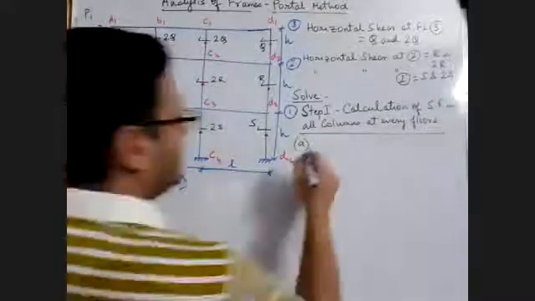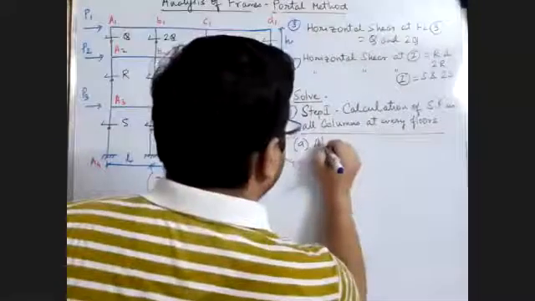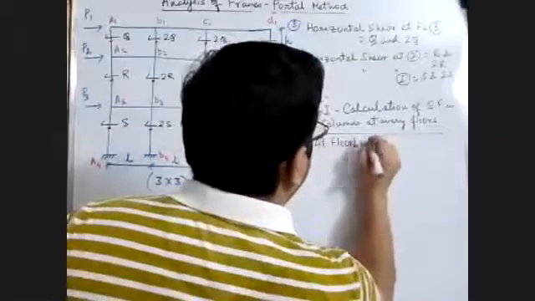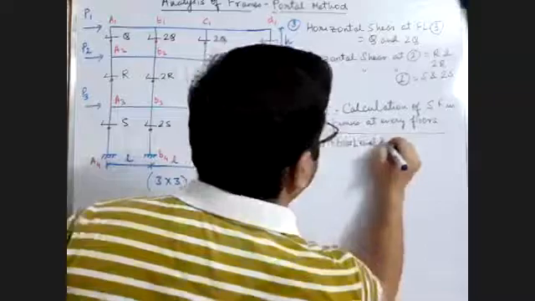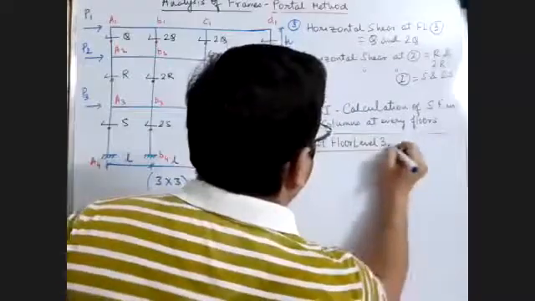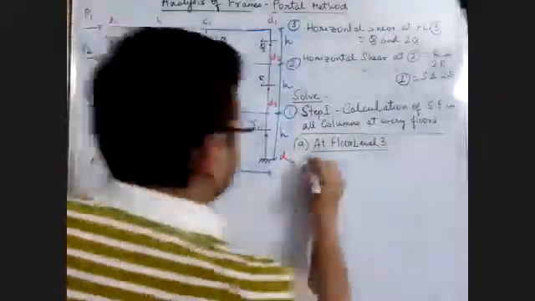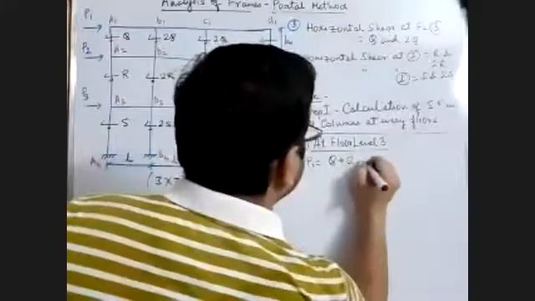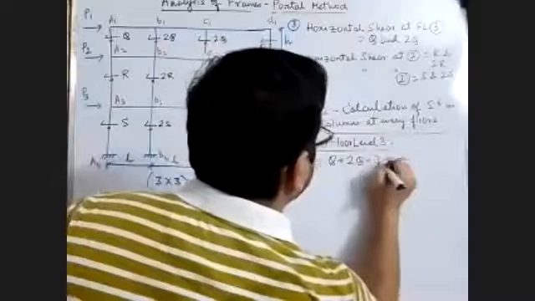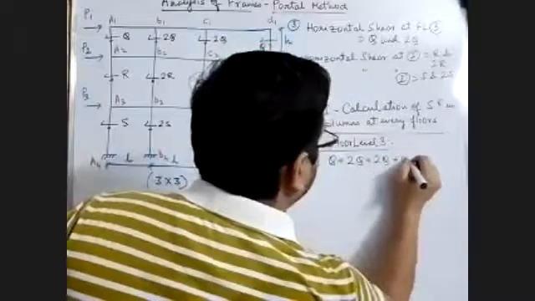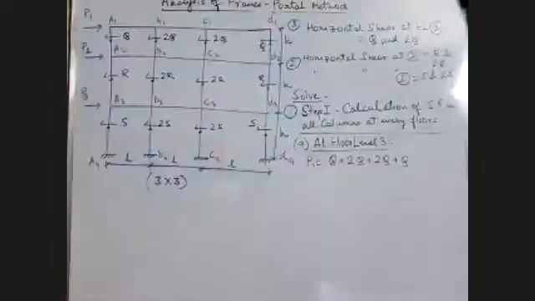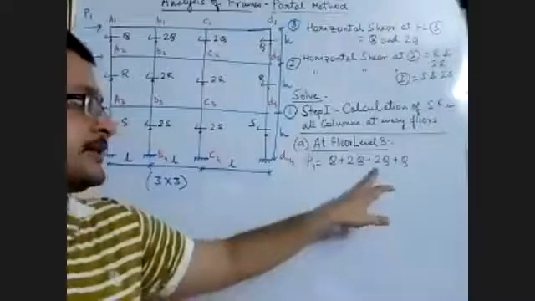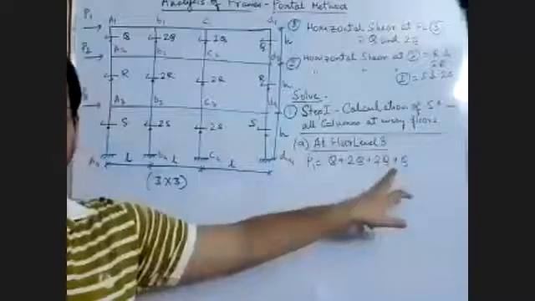So at floor level 3, P1 will be equal to Q plus 2Q plus 2Q plus Q.